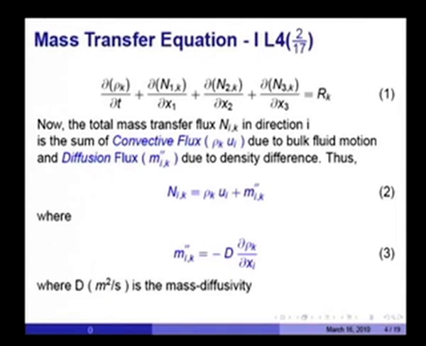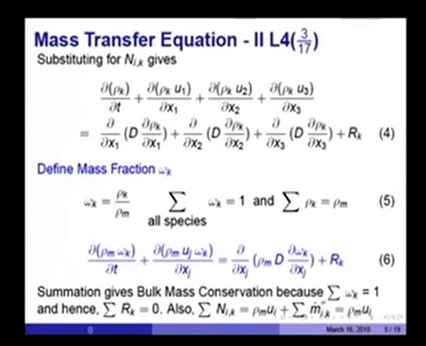So, if I were to substitute for n i k for each of these terms, then I can rewrite this equation in the following manner. It would read as d rho k by dt plus d rho k u1 by dx1 and so on and so forth, equal to d by dx1 of D d rho k by dx1, and likewise in directions 2 and 3, plus r k.